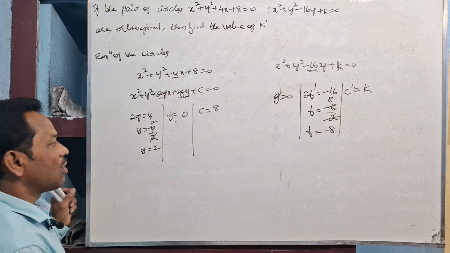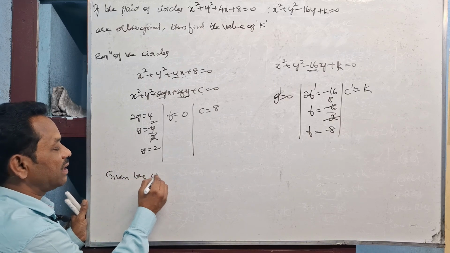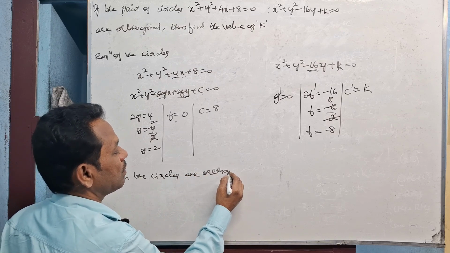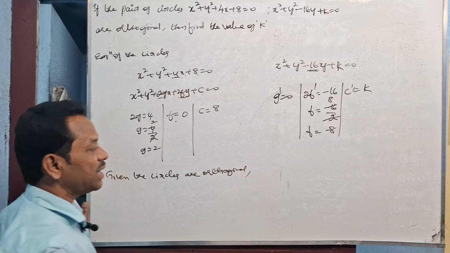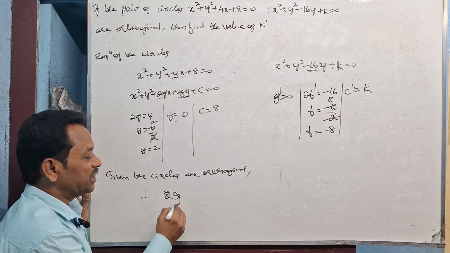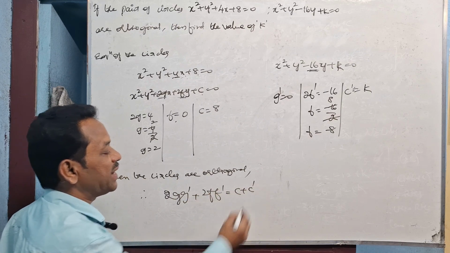Okay now, given the circles are orthogonal to each other, therefore we can use the condition 2g g dash plus 2f f dash equal to c plus c dash.